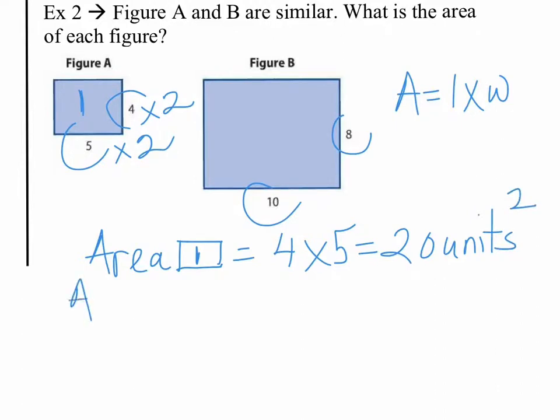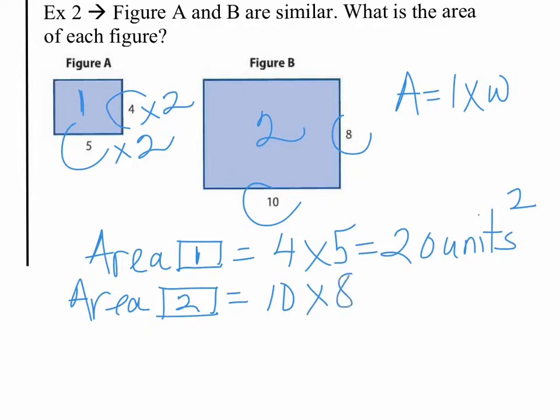The area of the larger rectangle, we'll call it 2, is equal to 10 times 8, which is 80 units squared.